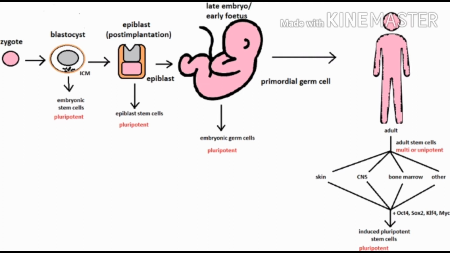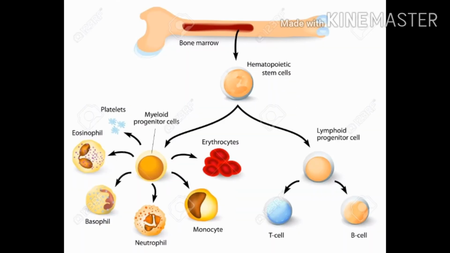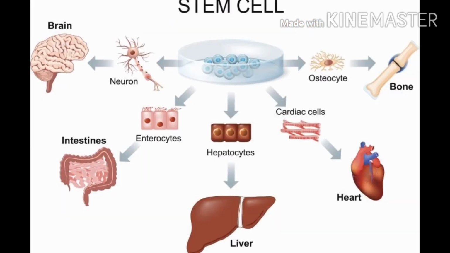On further dividing, these cells form different types of tissues which perform different functions in the body. This is called differentiation of stem cells. That means stem cells on differentiation form different types of tissues which perform different functions in the body.